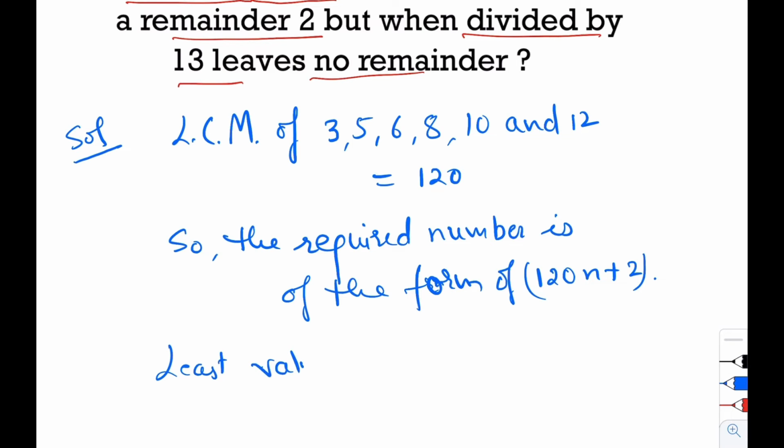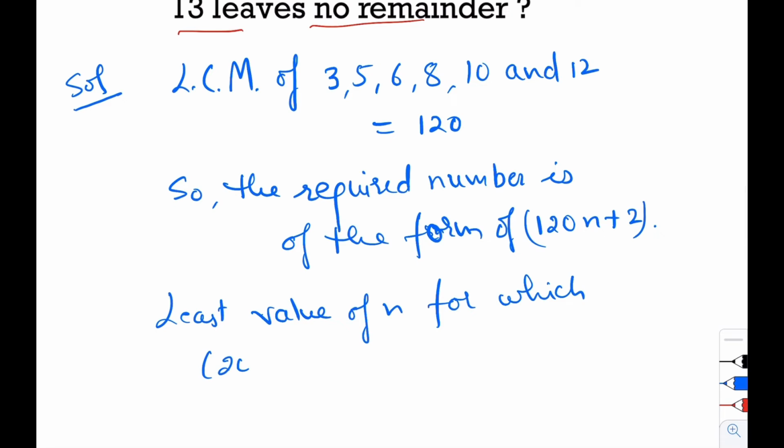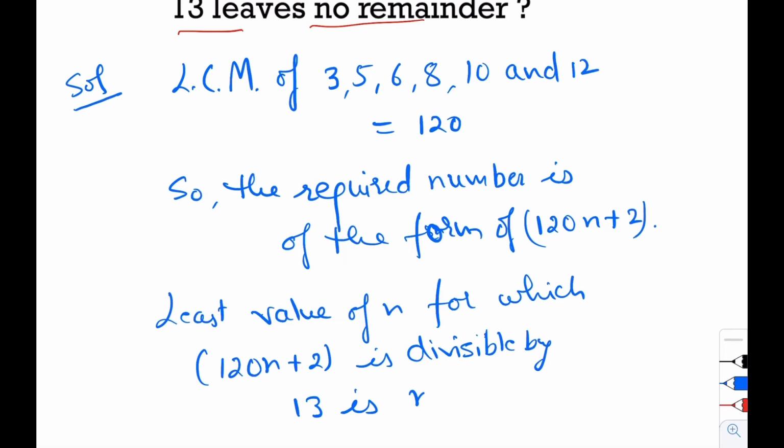So the least value of n for which 120n plus 2 is divisible by 13 is n equal to 8.